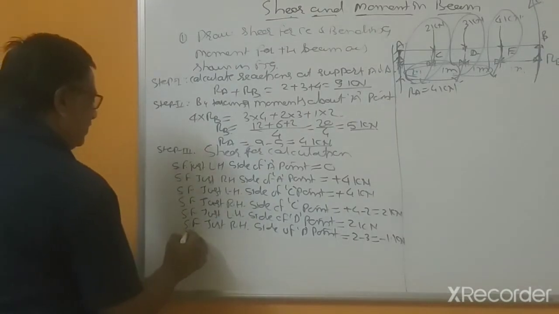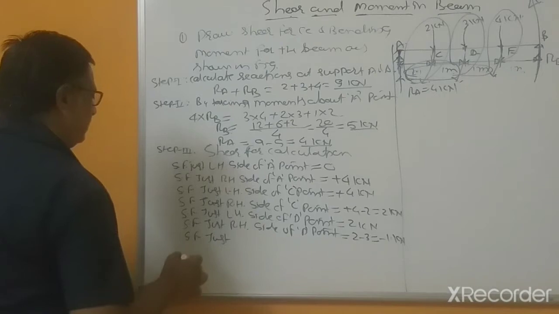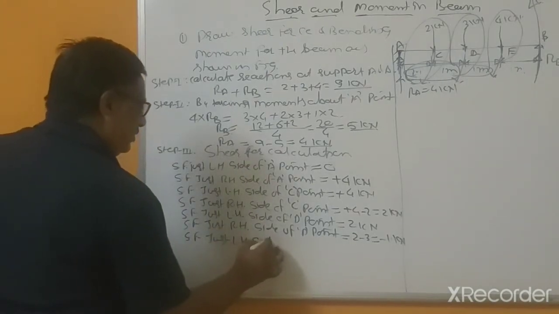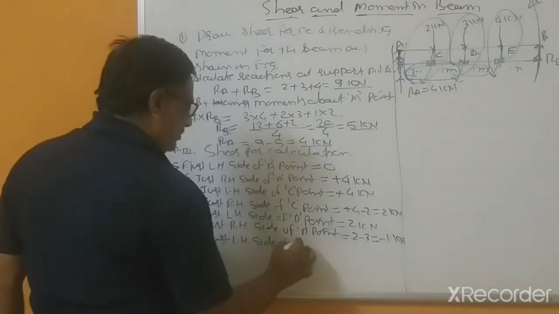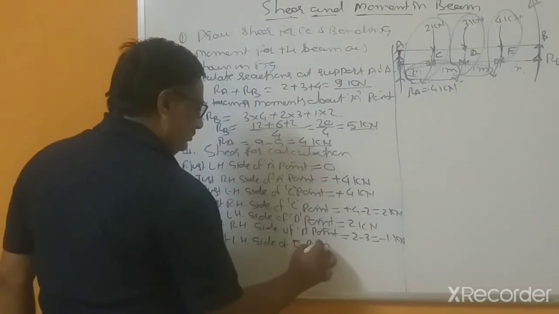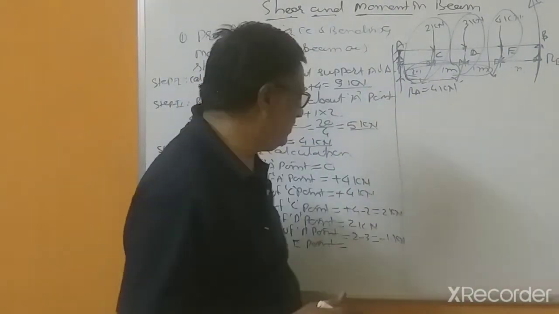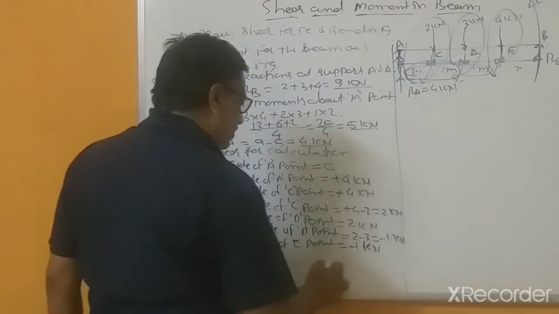Now next, shear force just left hand side of E point. Up to E point there is no force, that's why this remains the same, minus 1 kilonewton.